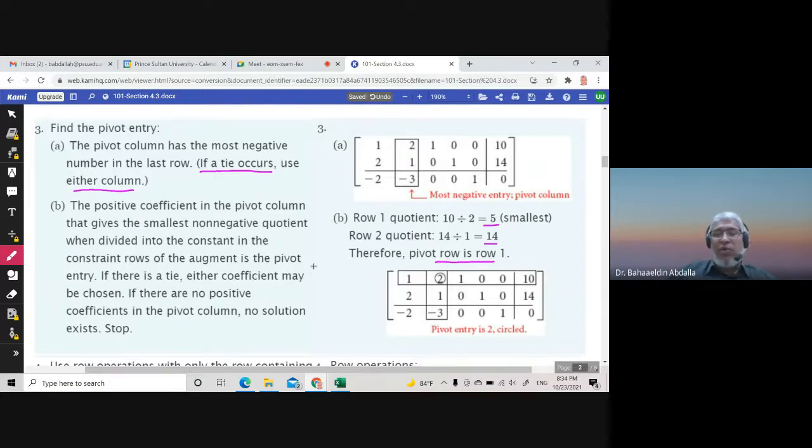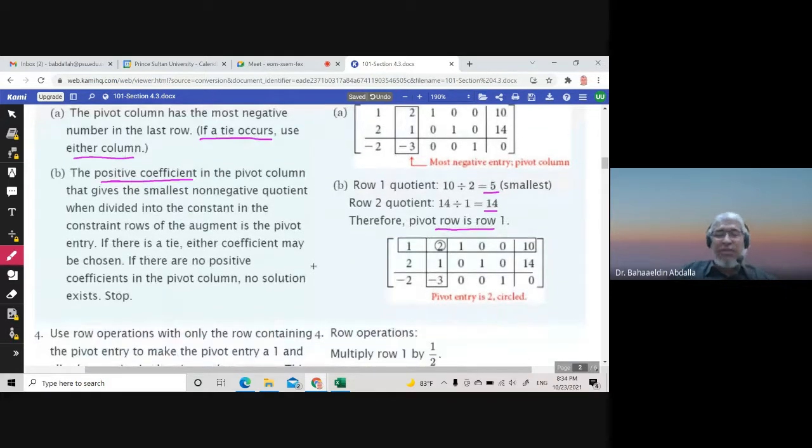There is an important point. 2 and 1 have to be positive numbers. So we divide by the positive coefficients in the pivot column. If there is a tie, if the answer is 5 and 5, then we choose any of the two rows.